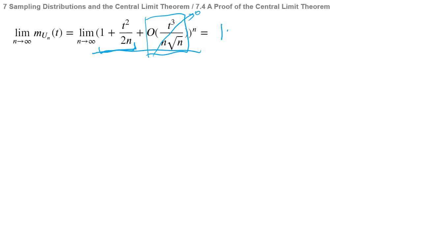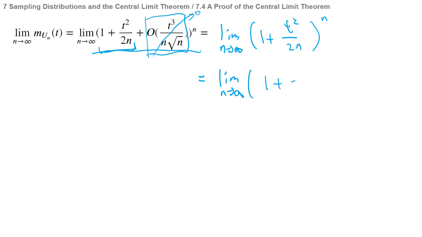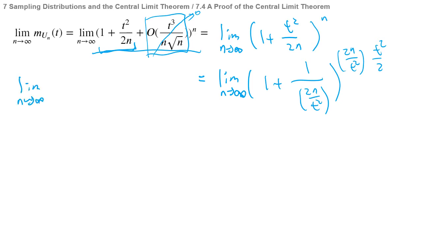And so if you think like that, then the limit as n goes to infinity is (1 plus t squared over 2n) to the n, and this thing is the limit as n goes to infinity of (1 plus 1 over (2n over t squared)) to the power 2n over t squared times t squared over 2. And you know this limit, (1 plus 1 over n) to the n, is e. You know this from calculus.